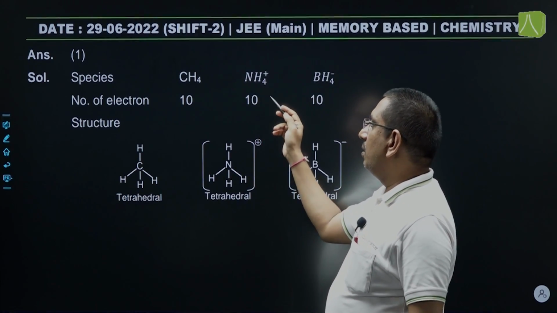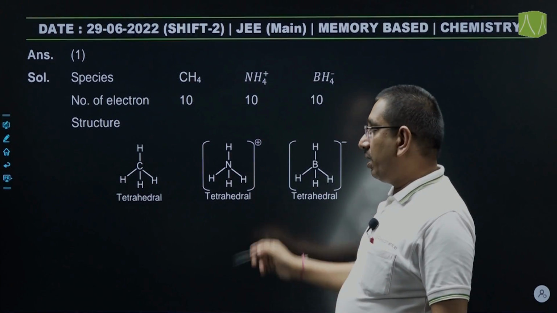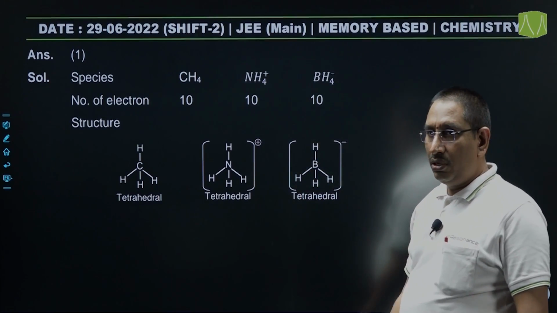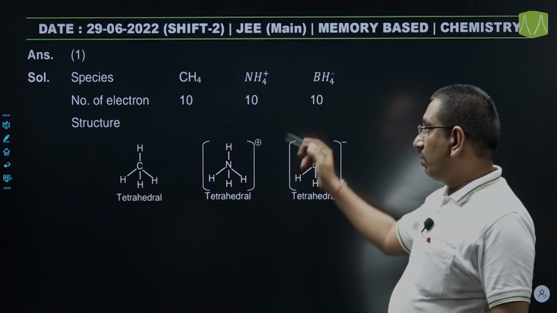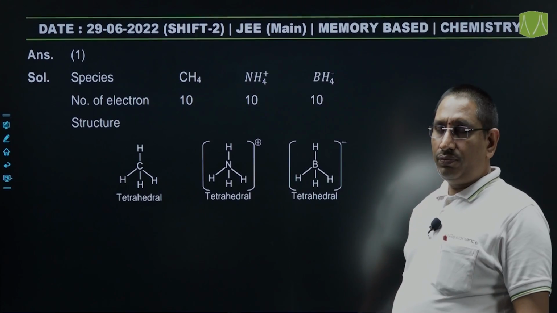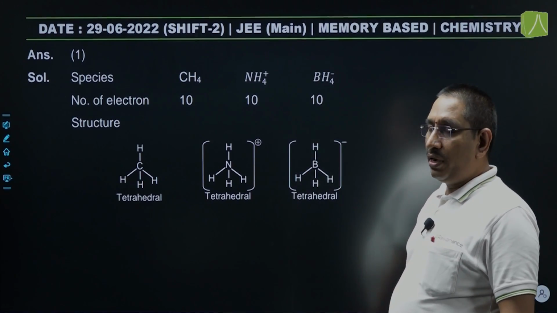So, total 10, and NH4 plus also has 10 electrons, BH4 minus is also having 10 electrons, boron 5 and hydrogens 4 and 1 minus charge, total 10 electrons.